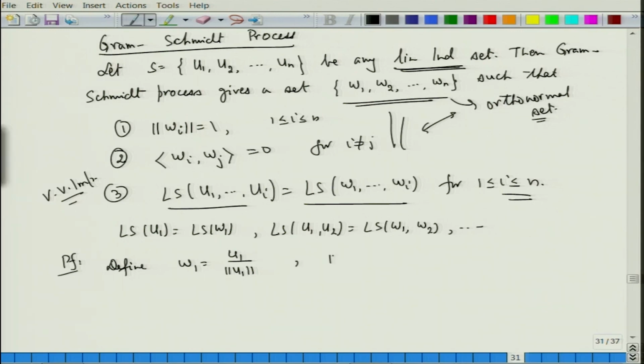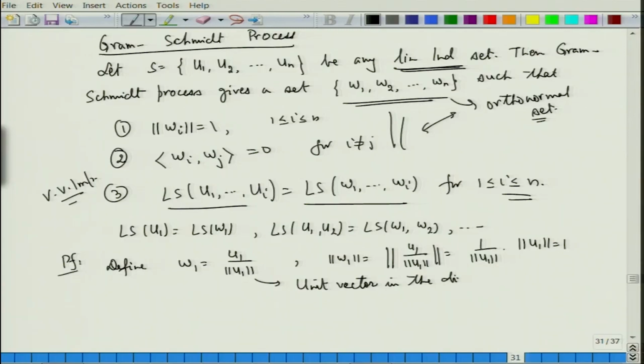You can see that the length of W1 is the length of U1 upon length of U1, which is 1 upon length of U1 into length of U1, which is 1. So, this is basically the unit vector in the direction of U1.